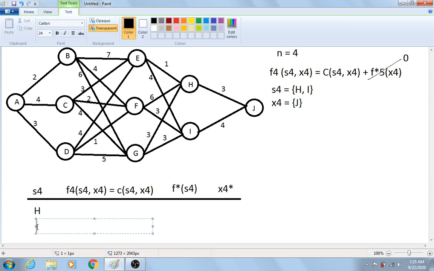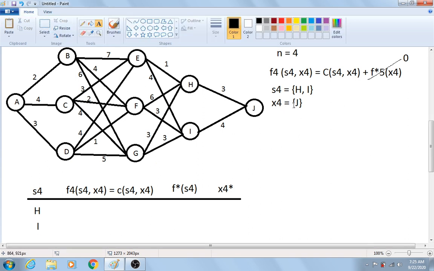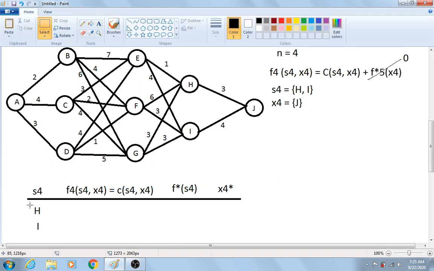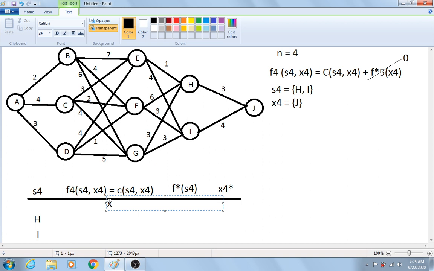There will be one destination, that is J. So here I'm just gonna put x4. I'm gonna move it down, and our x4 here is just the J, the only one, right?